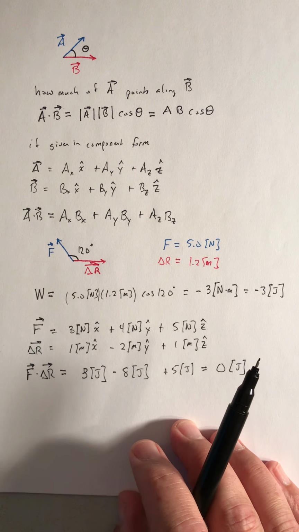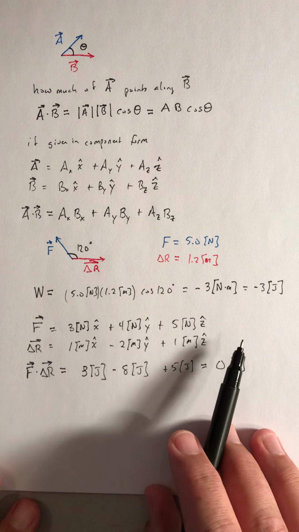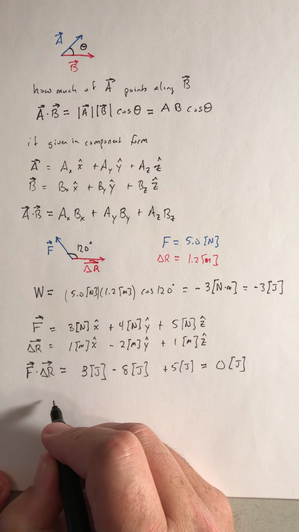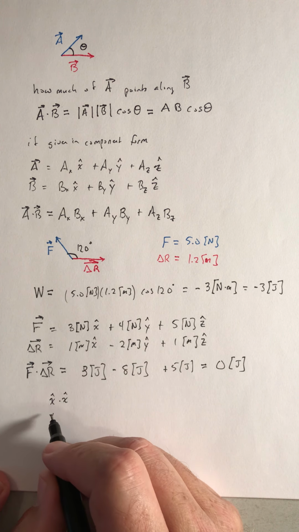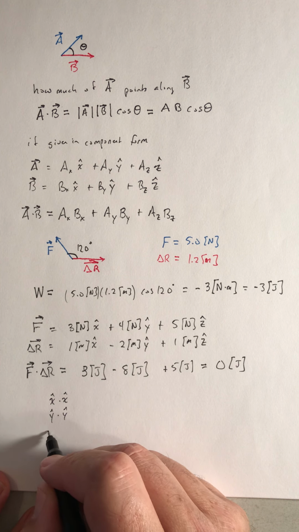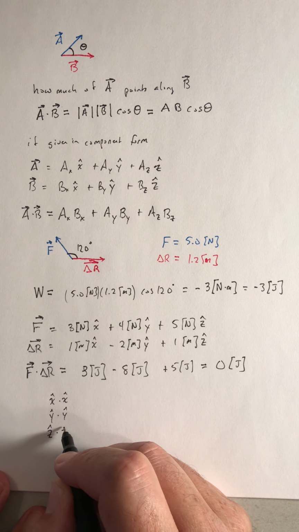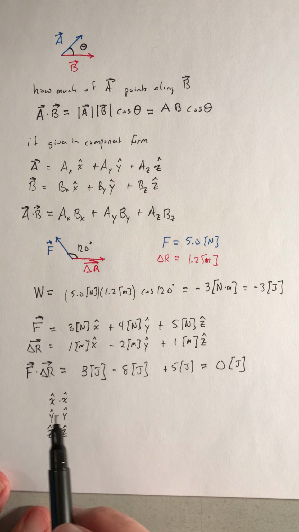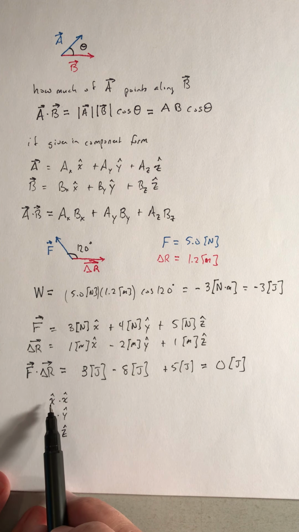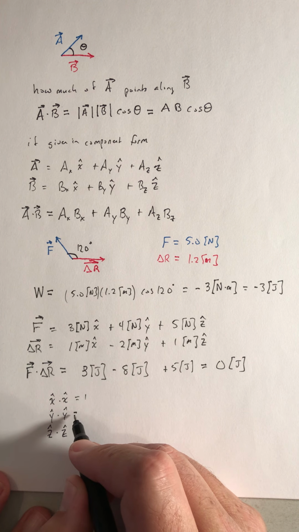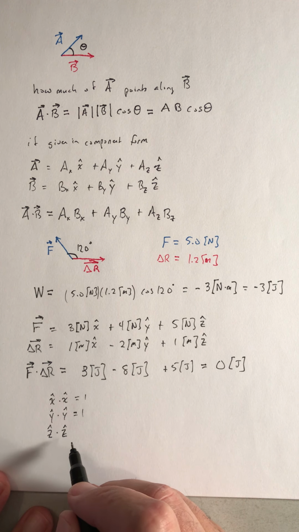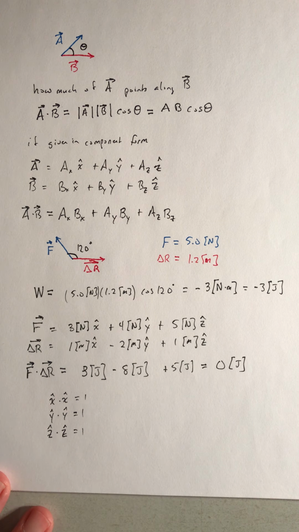And then a quick little bit about the dot product and unit vectors. They behave, hopefully, the way you would expect. Since they have unit length, x hat dot x hat is 1, y hat dot y hat is 1, z hat dot z hat is also 1.